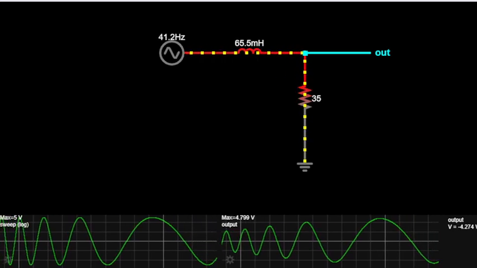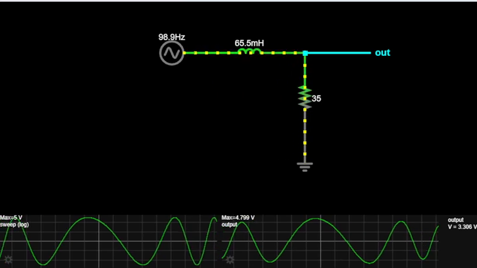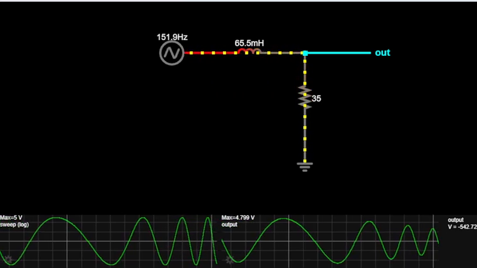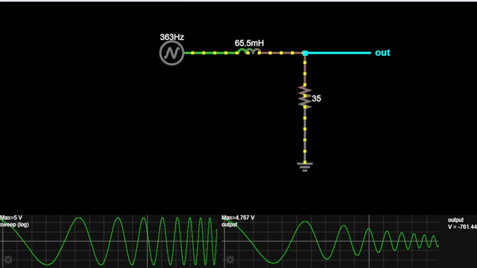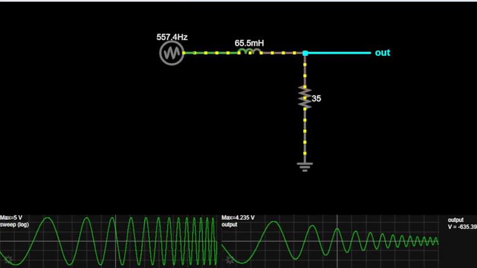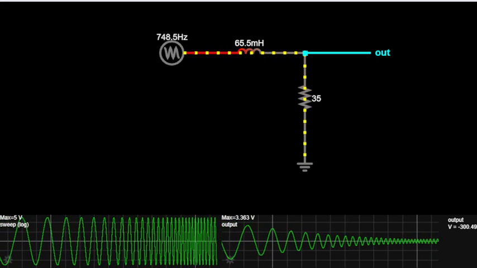When combined, they create a filter that can pass low frequency signals while impeding higher frequencies.